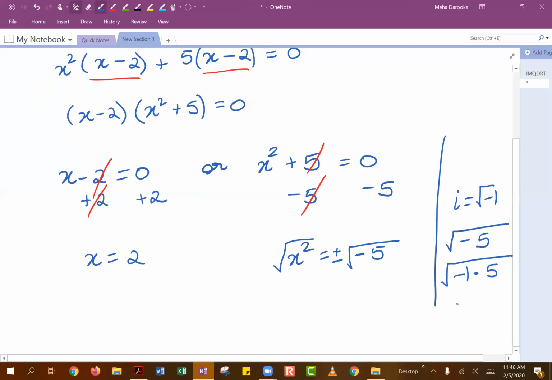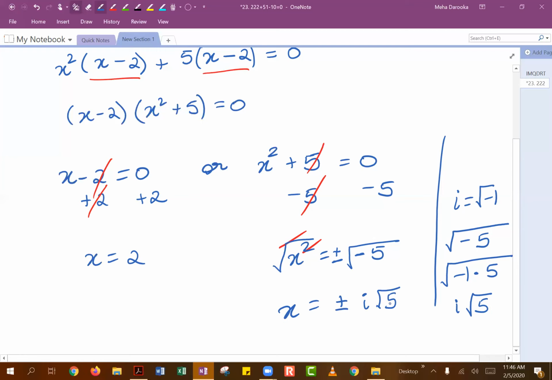The square root of negative 1 will be your i. And the square root of 5 will stay behind, right? Because we can't simplify 5. So we're left with x equals plus or minus i square root of 5.